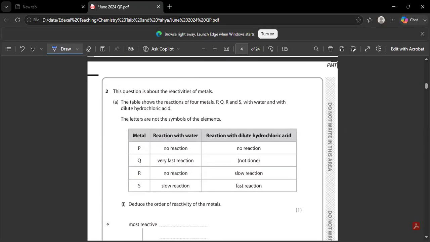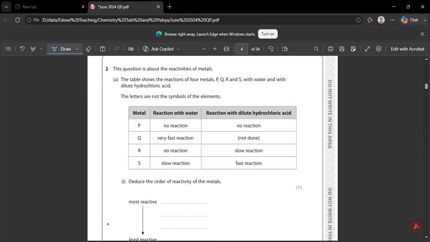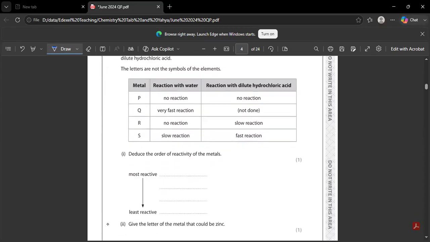This question is about the reactivities of metals. The table shows the reaction of four metals P, Q, R and S with water and with dilute hydrochloric acid. Reaction with water: very fast reaction, no reaction and slow reaction. Deduce the order of reactivity of the metals.